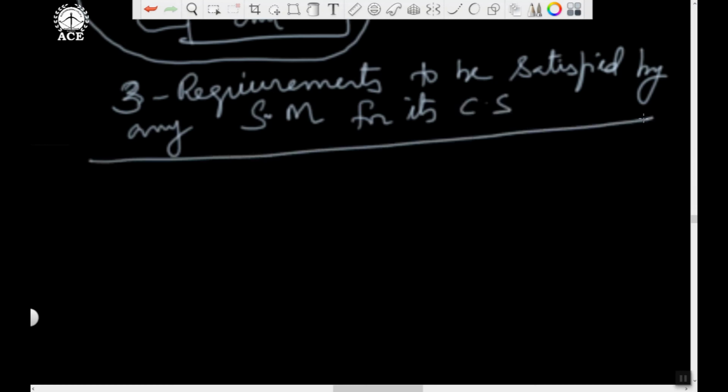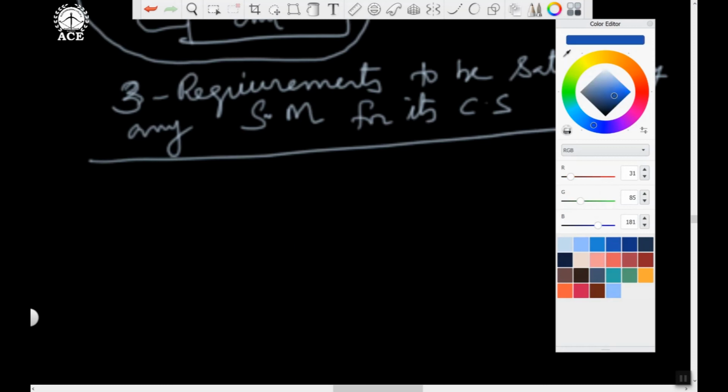It's a very important topic. These three definitions you can find in the slides also, which I am going to share, but here I am going to make an understanding of it, so please pay attention.